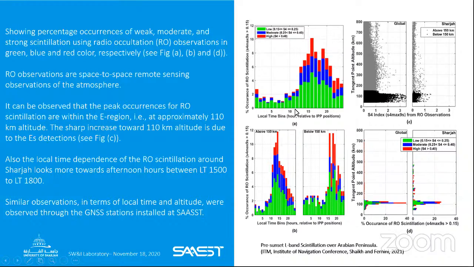So in a 12-hour region, it can happen anytime. When we separate out the information about altitude, all the information above 150 kilometer altitude and all the information below 150 kilometer altitude, we see that below 150 kilometer altitude is exactly lining up with the pattern that we received above when we were receiving data through the ionosphere.